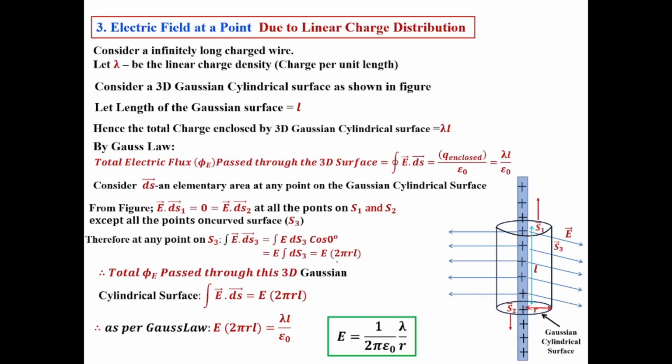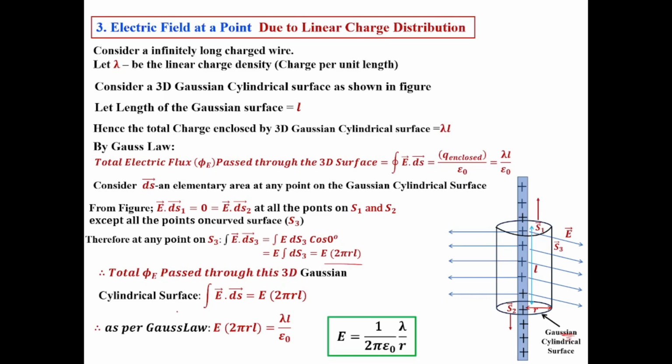So the total surface area will be 2 pi r into L. So we found the total flux passing through this entire Gaussian cylindrical surface is E into 2 pi r L. Flux through S1 and S2 will be 0, so flux passes only through S3.